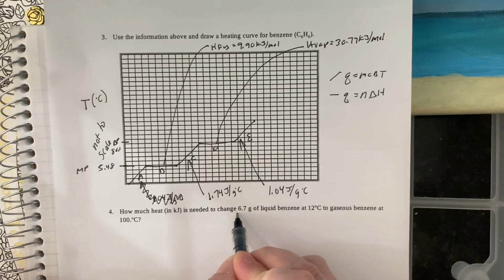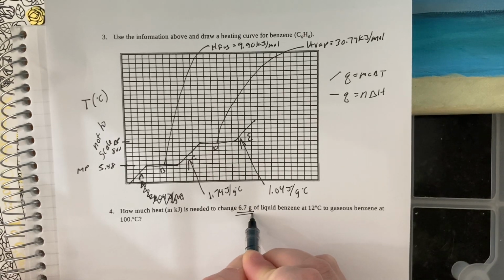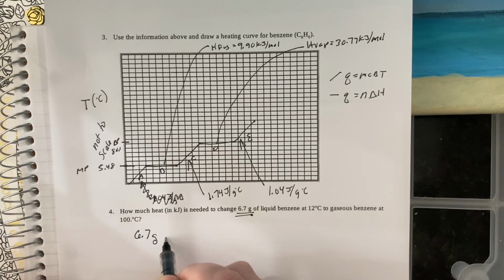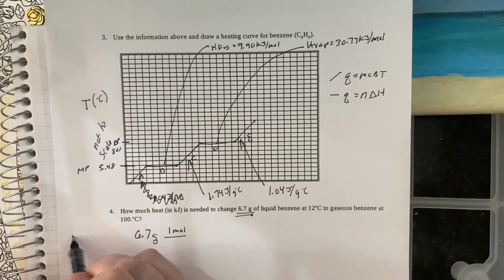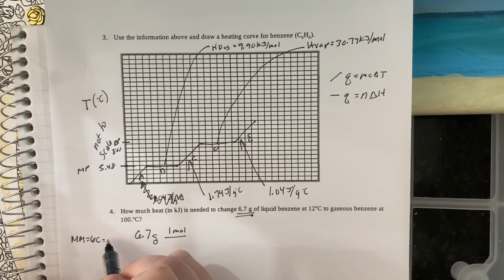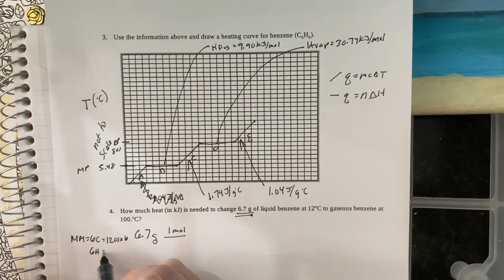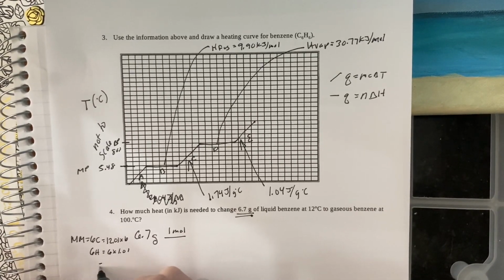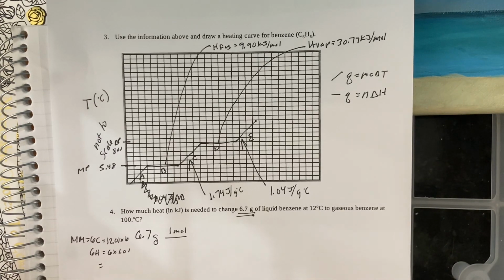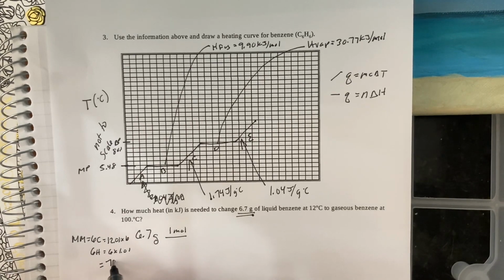So what do I have? I have 6.7 grams of liquid benzene, which I can convert to moles. Okay, I have how many moles? So let's see. We have 6 carbons at 12.01 each, and I have 6 hydrogens at 1.01. So my total molar mass of benzene is 78.12 grams per mole.